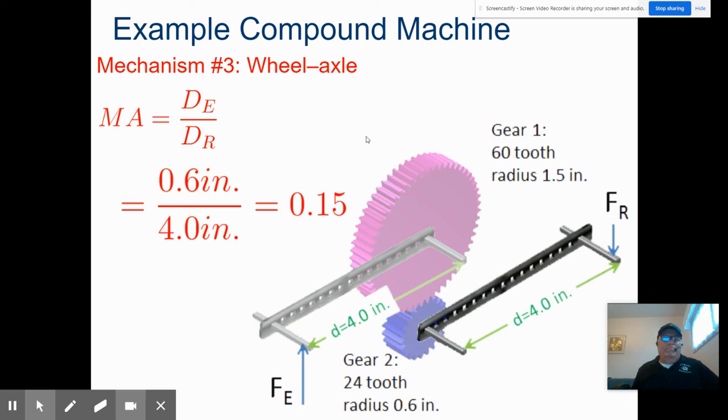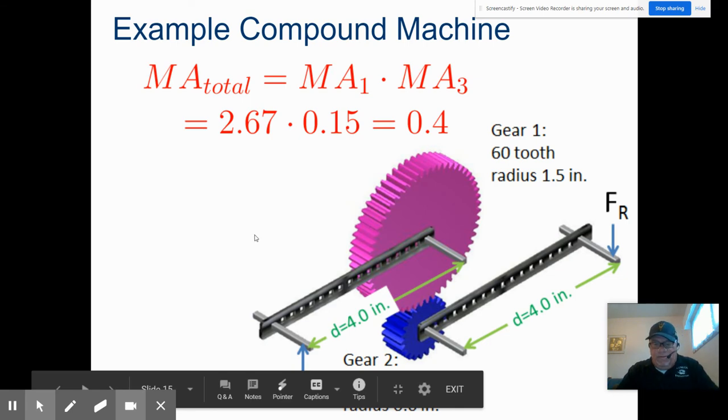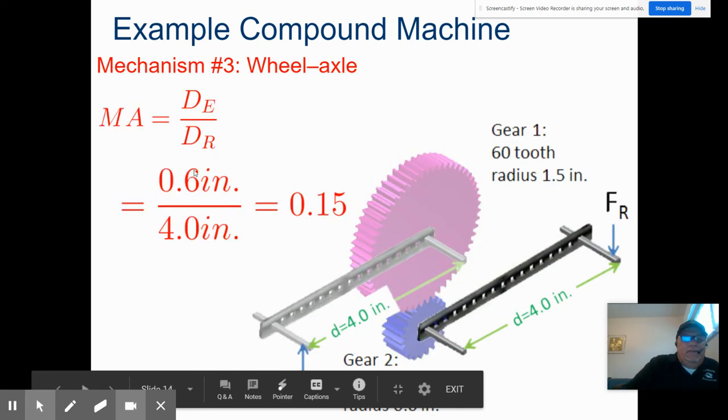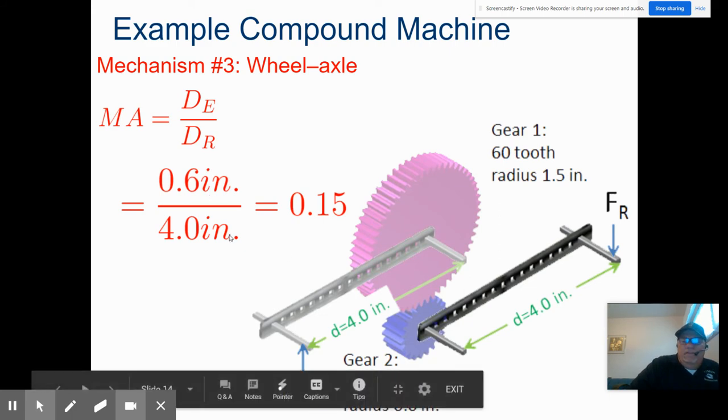Then mechanism number 3, again, a wheel and axle. We're down here now. The effort distance is 0.6, the radius over the distance right here.